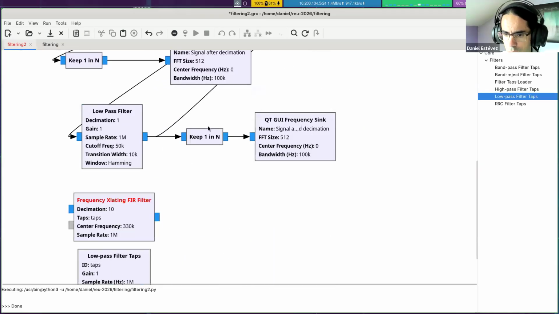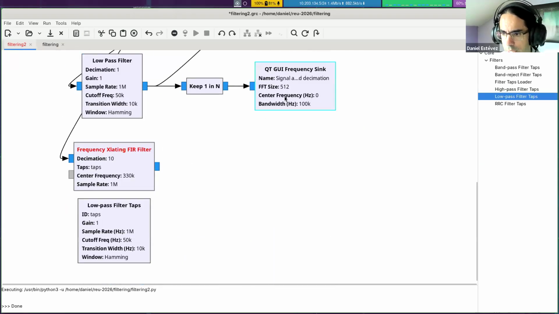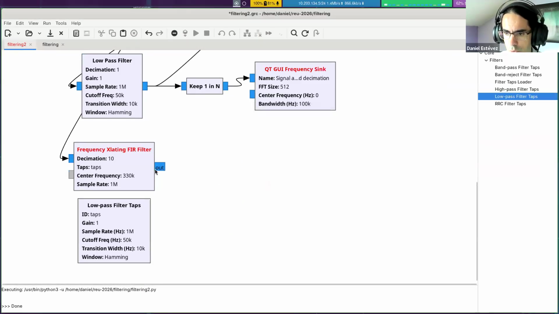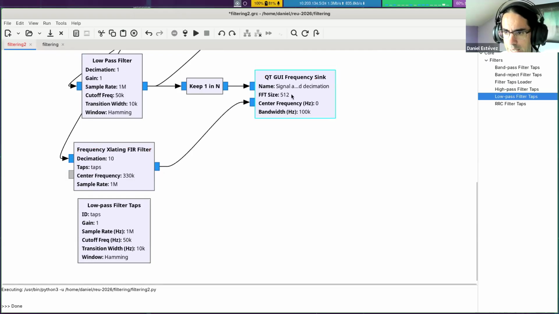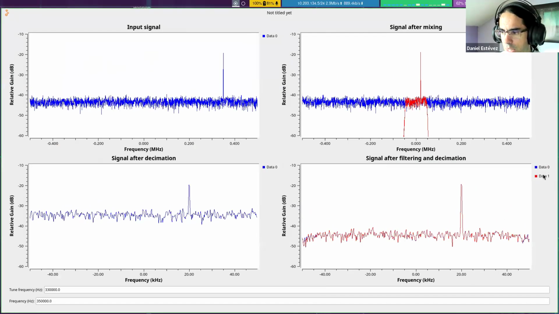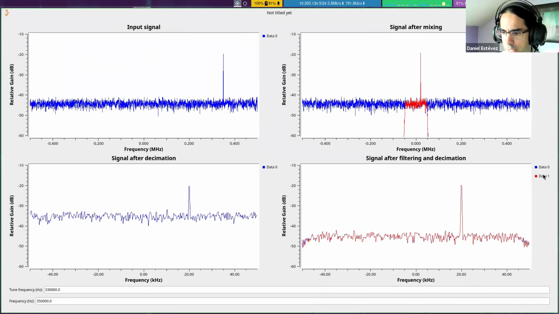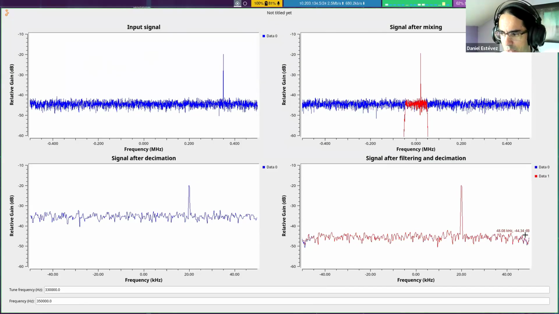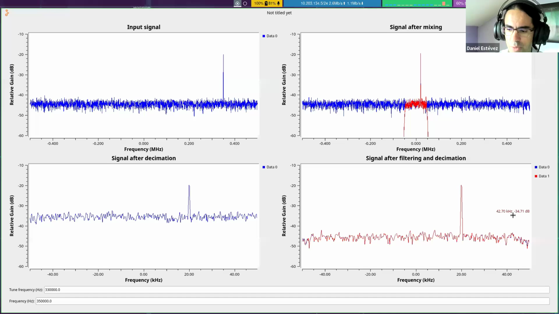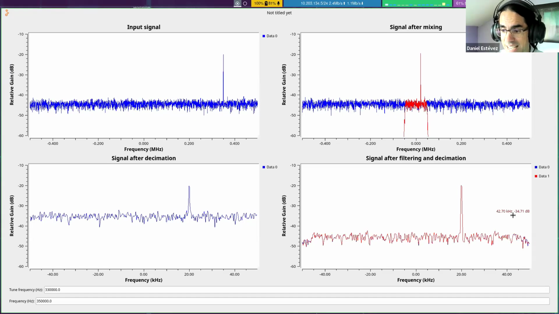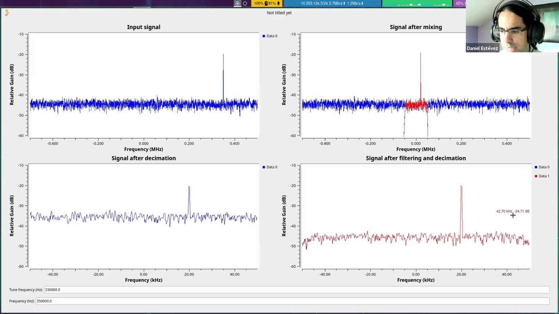Let me connect this right to the input and show that this is giving the same output. Maybe the easiest way to show it is by adding a second input here. So we can see that they are very much identical, slightly different here at the edges because the way this bandpass filter is built is maybe not exactly the same as the low pass filter.